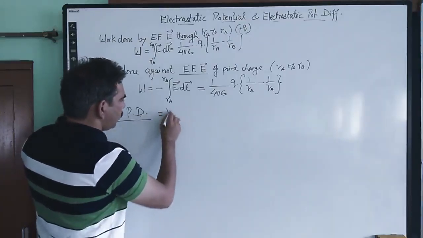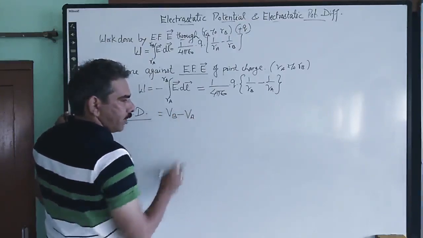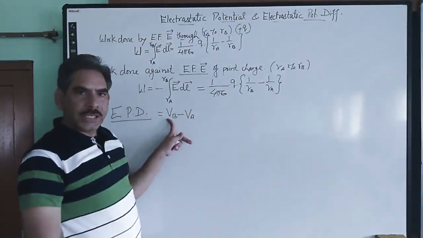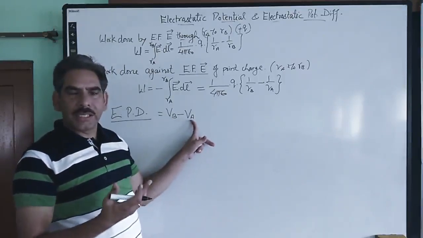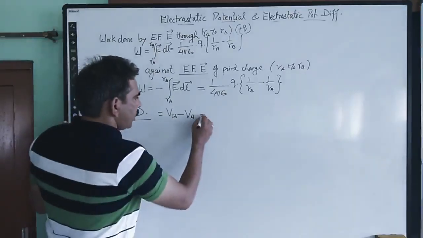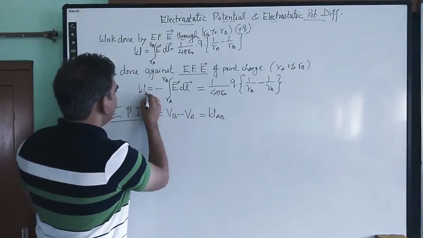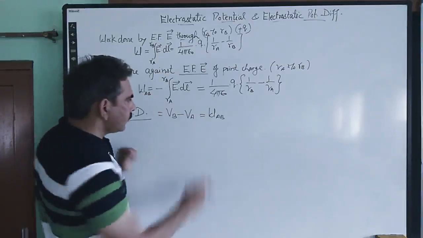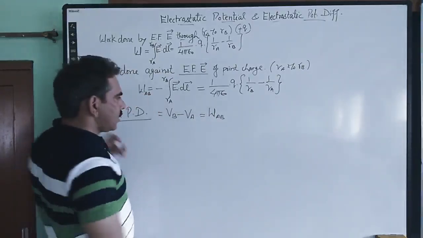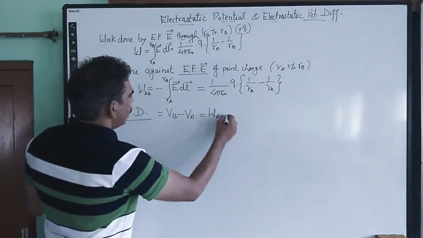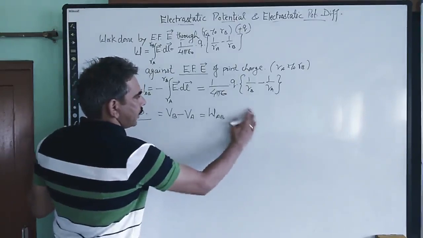So this is represented as VB minus VA, where VB is the electric potential at final position B and VA is the electric potential at initial position A. So this is represented by WAB. We can simply name it WAB. So work done in moving the charge against the electric field is given by this, or let me write it in a next step.